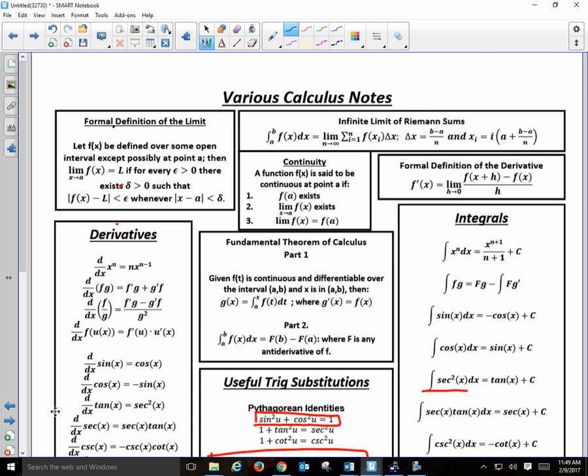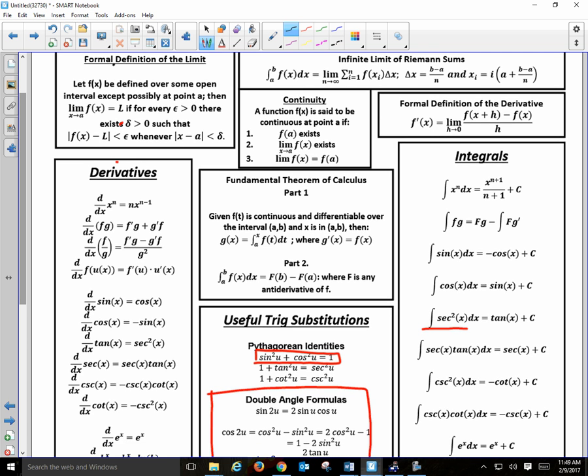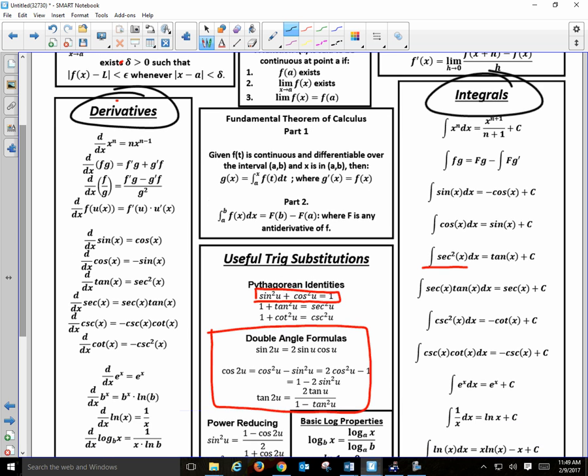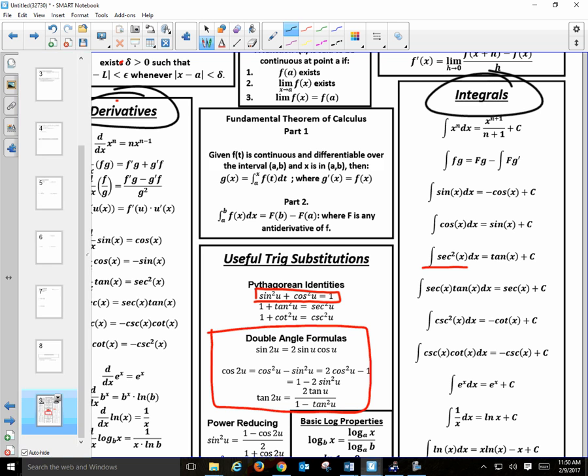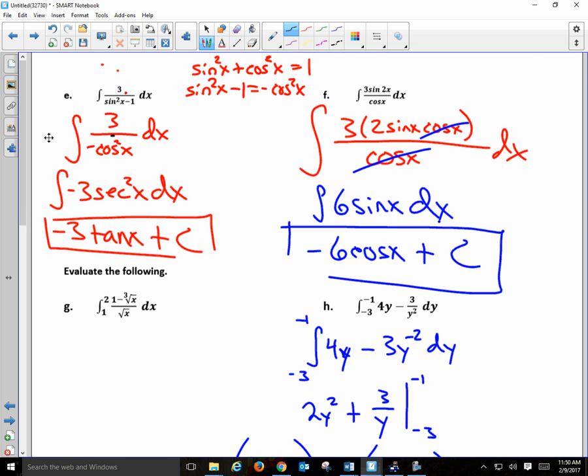All the way on the back side, you can see that here we have derivatives. We already know all of those derivatives. What about some of our integrals? Well, you can see that the antiderivative of sine is negative cosine, the antiderivative of cosine is sine, and so forth. I also have some helpful trig substitutions here as well, which you're going to need to use in order to figure out how to do this one.